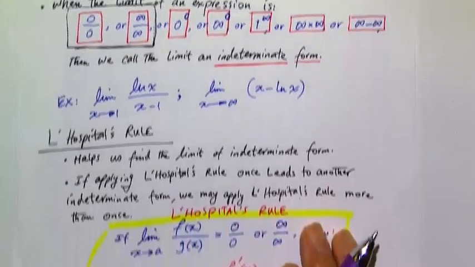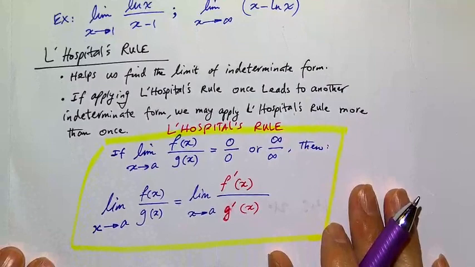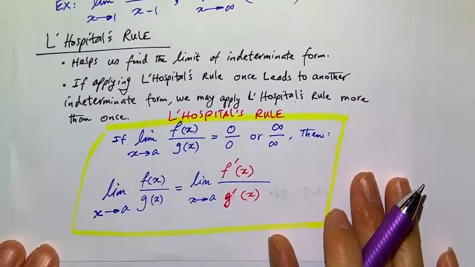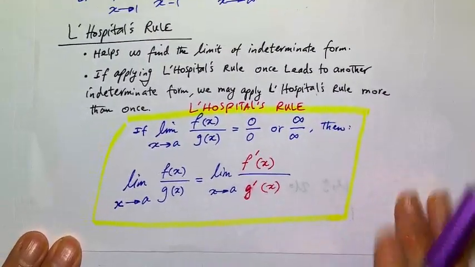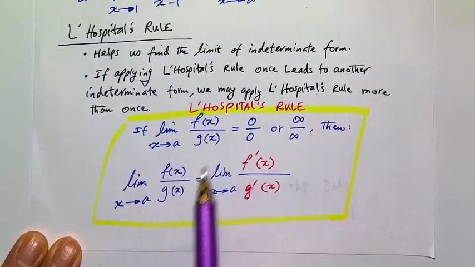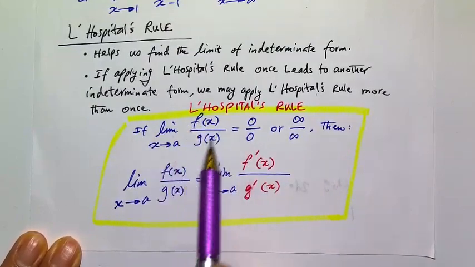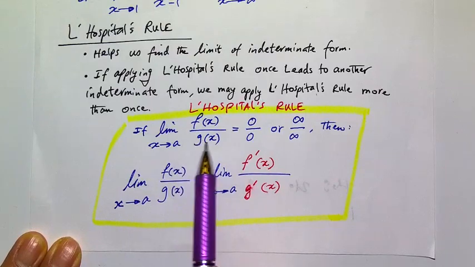Okay? So having said that, what is the L'Hopital rule? Here in this box, you can see I've highlighted it. First, we take the limit of the original expression as it is.